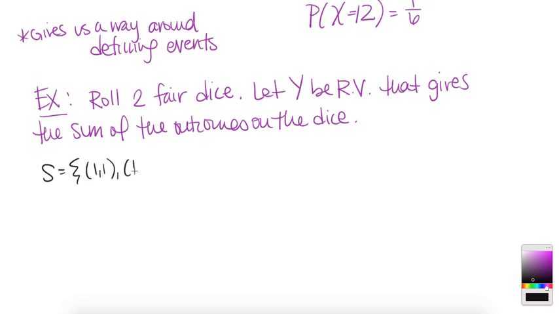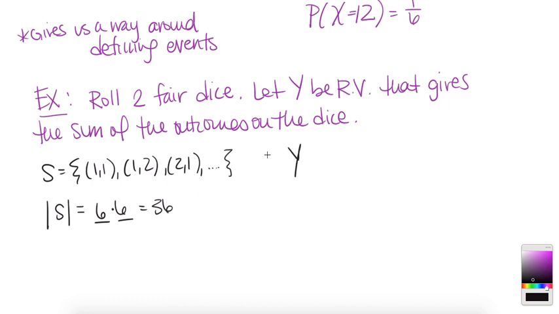So our sample space is things like this: 1, 1, 1, 2, 2, 1, lots of different things. And remember, size of the sample space, we're rolling 2 dice, 6 possibilities for each. So we get 36. Okay, so let's think about first part of this example. Let's find y of the roll 6, 5.